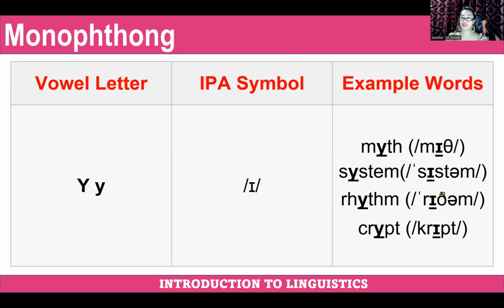Therefore, the Y vowel is pronounced as the E, and having the IPA symbol of this capital I, as in myth, system, rhythm, and crypt.